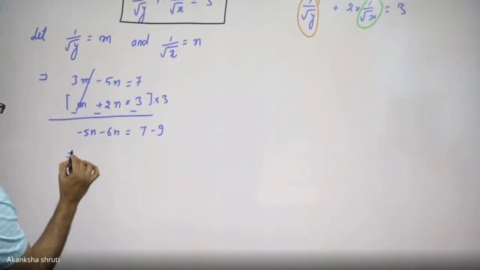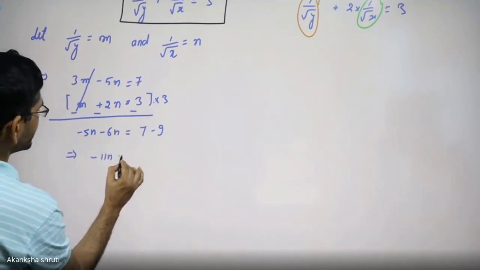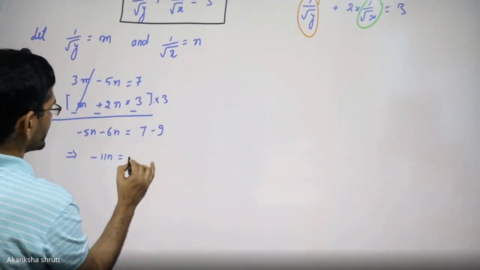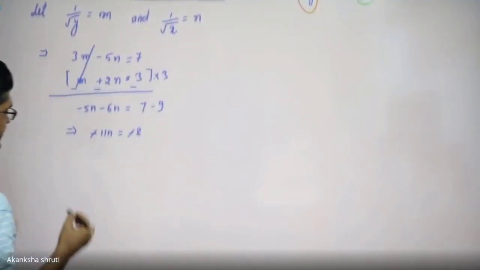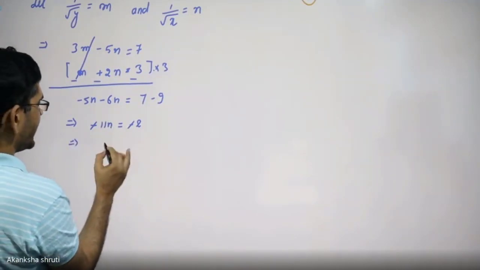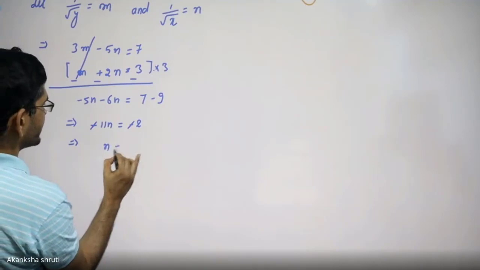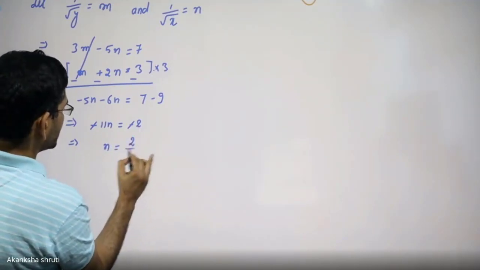So this implies minus of 11n is equal to minus of 2. This is getting cancelled. This implies this n that we are getting is 2 by 11.